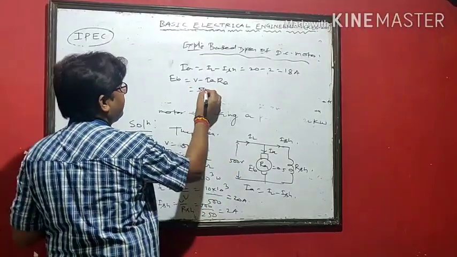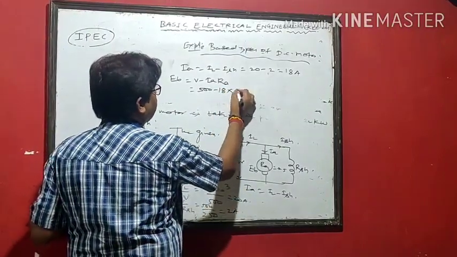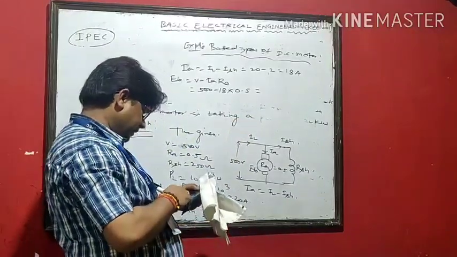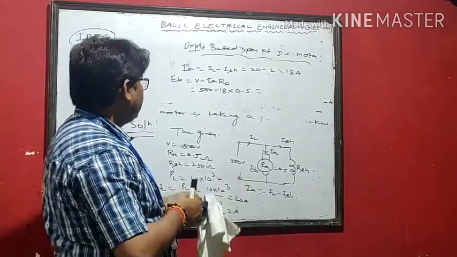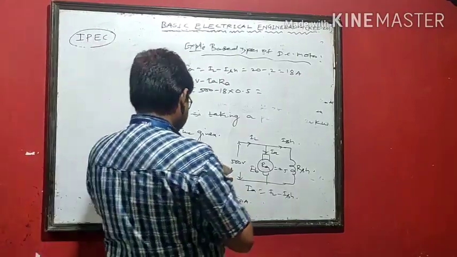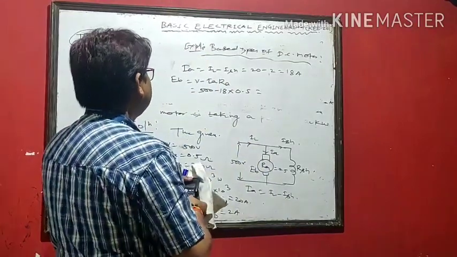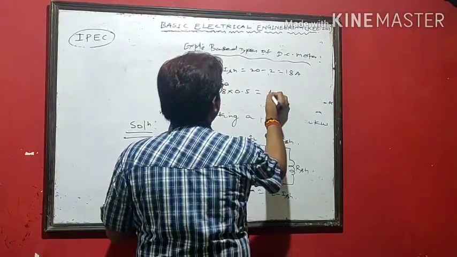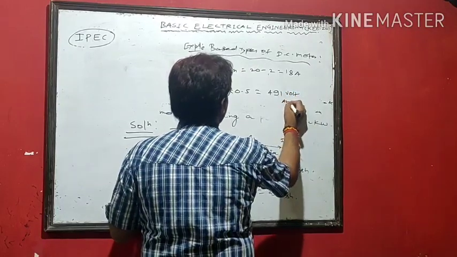The V is 500 minus IA, that is 18, into RA, that is 0.5. 18 into 0.5 is 9. 500 minus 9, that is 491 volt. This is your answer.